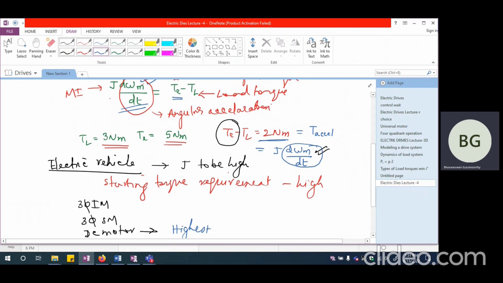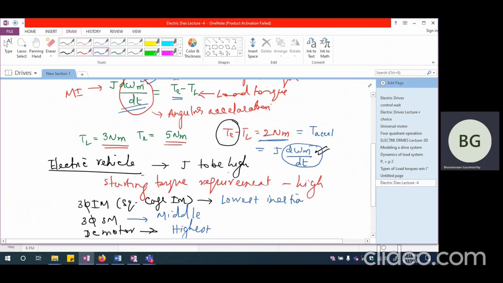The three-phase synchronous motor will be somewhere in the middle. And the three-phase induction motor, especially the squirrel cage induction motor, because you don't have any connection out of the rotor system and all you have is a cage arrangement, is generally going to have the lowest weight, or lowest inertia.